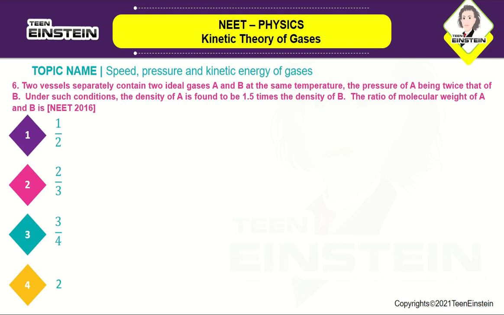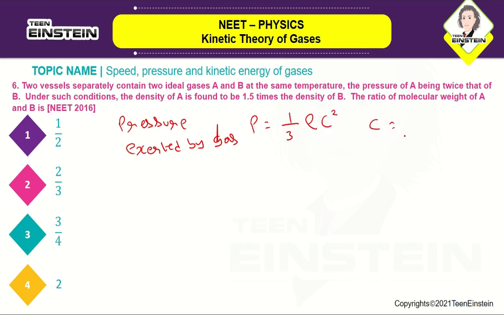So here the pressure exerted by the gas P, but C is equal to root of 3RT by M, where M is the molecular weight.